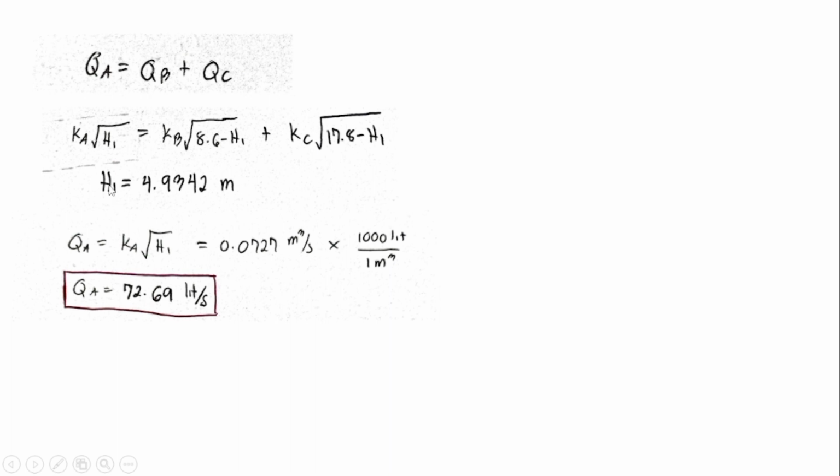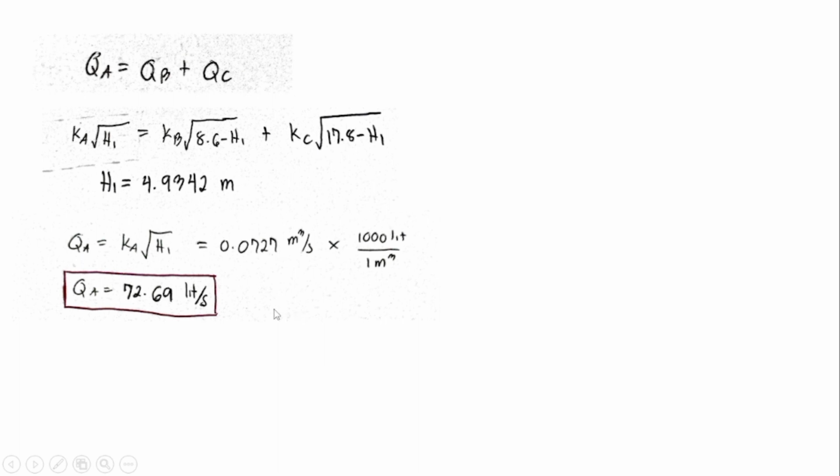Since we now have the value of H1, we can now solve for the flow rate in reservoir A. Here is our equation to solve for the discharge in reservoir A. Qa is equal to Ka times the square root of H1, so 0.0727 cubic meter per second is our final answer.